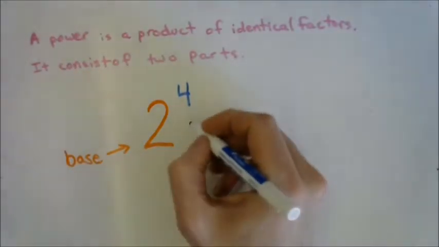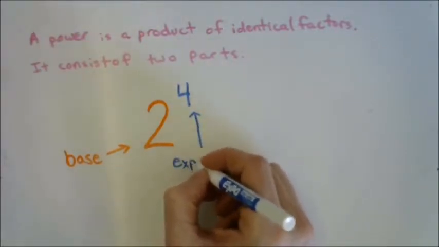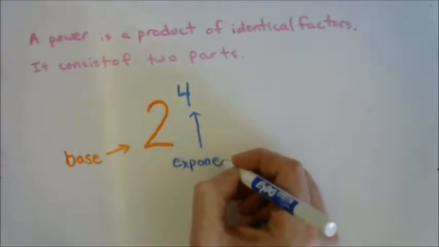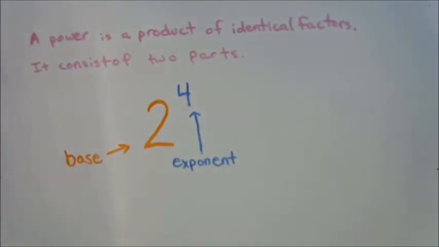And the 4 is called the exponent. Okay, so every power has 2 parts. It has a base and it has an exponent.